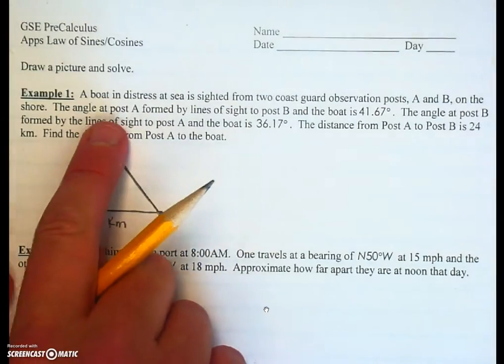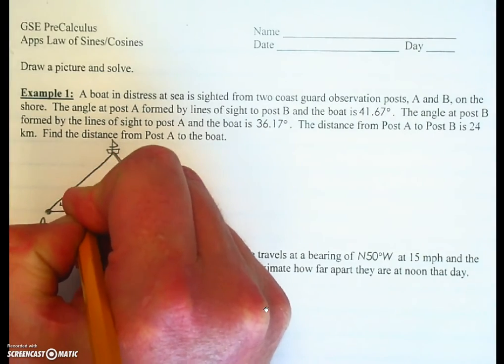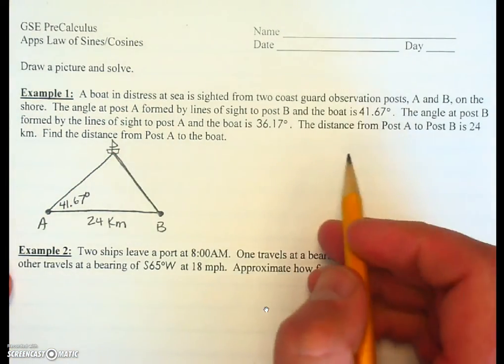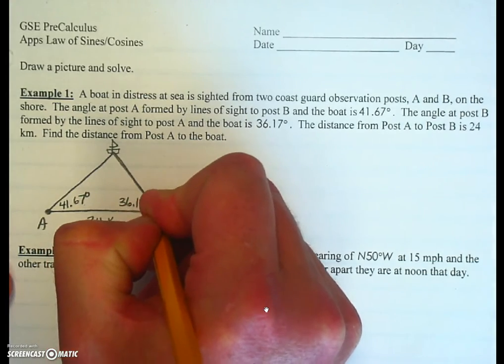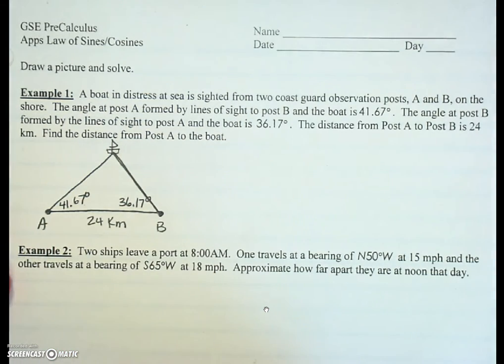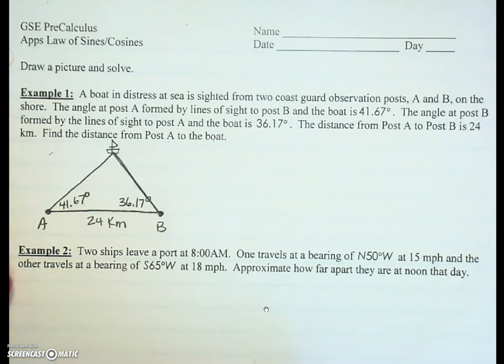The angle at post A is 41.67, and the angle at post B is 36.17. So that's what we know right now.